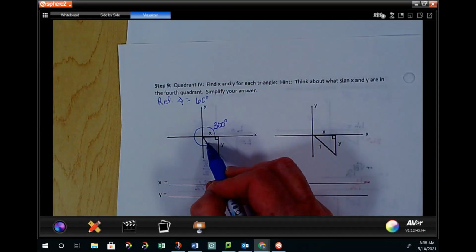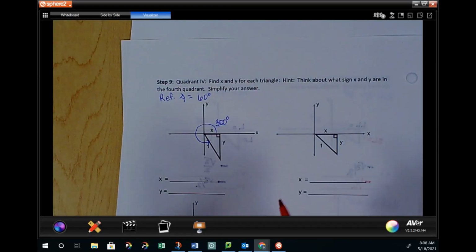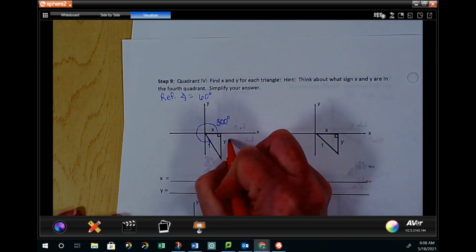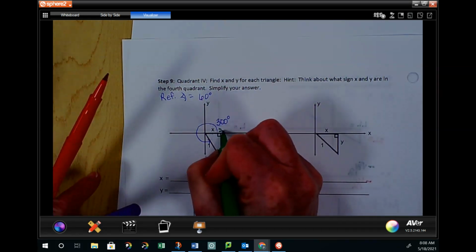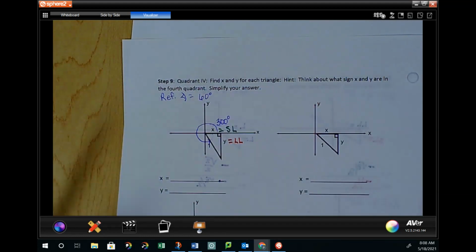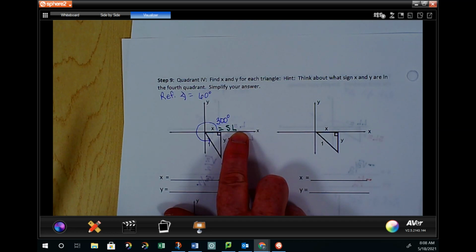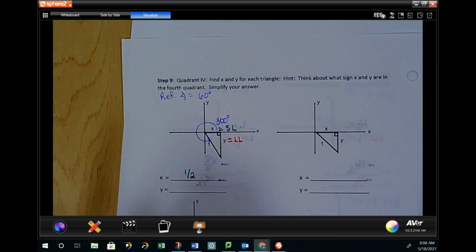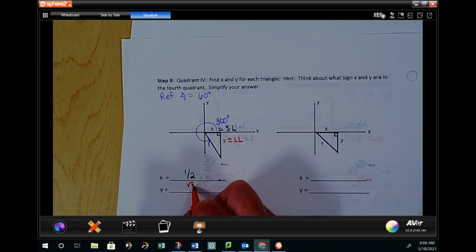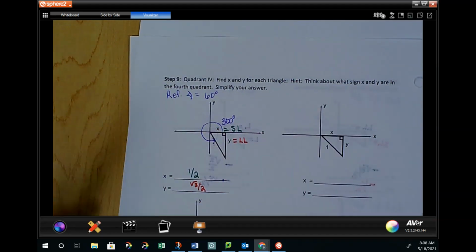So this is 60 degrees right here. So this means that this is my long leg and my X is my short leg. So remember that your short leg is always going to be 1/2. And your long leg is square root of 3 over 2. This is only true for 30, 60, 90s.